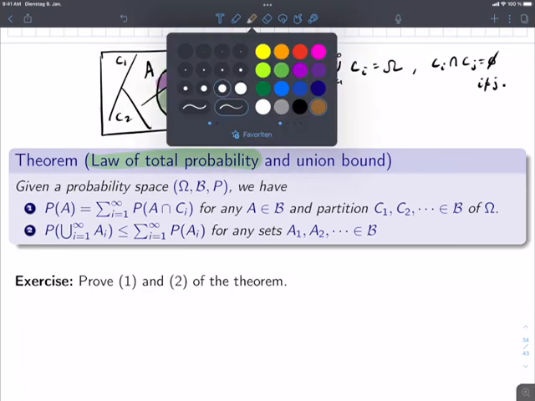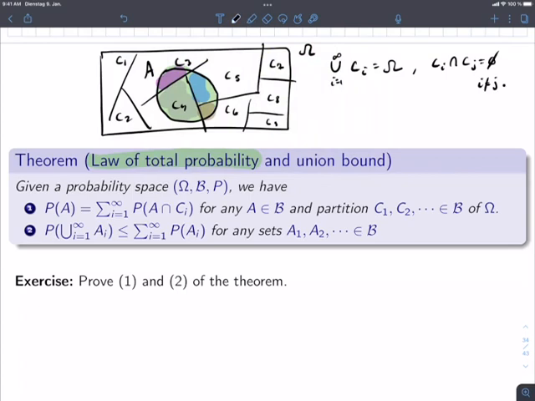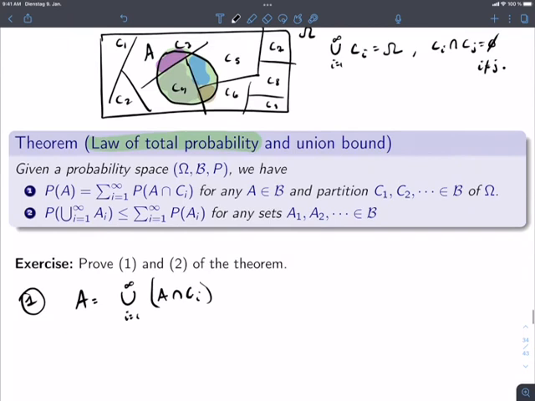So the idea is to use the partition to break A into these disjoint pieces. And so we can write A as the union of A intersect Ci. Anytime we have a partition, we can always write A as this union.